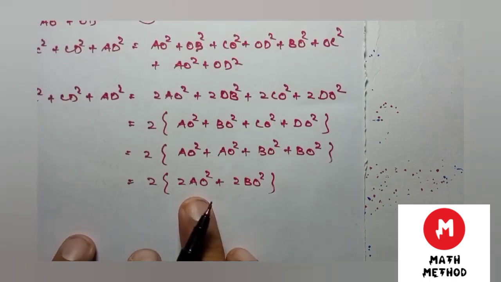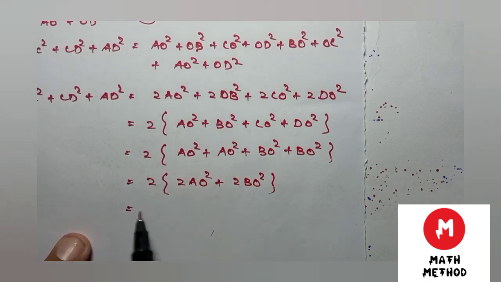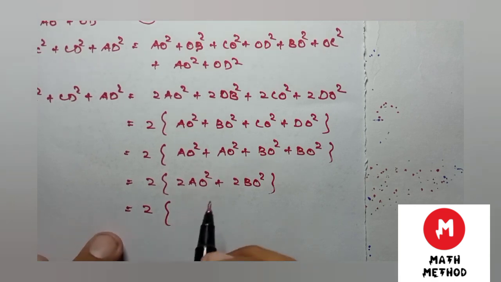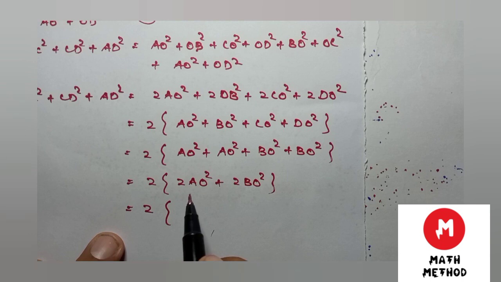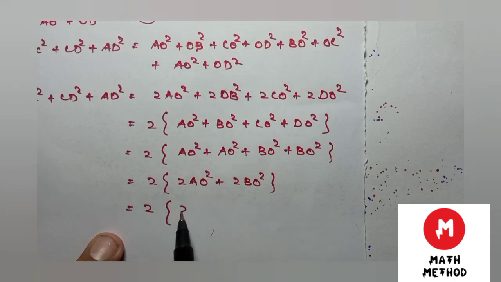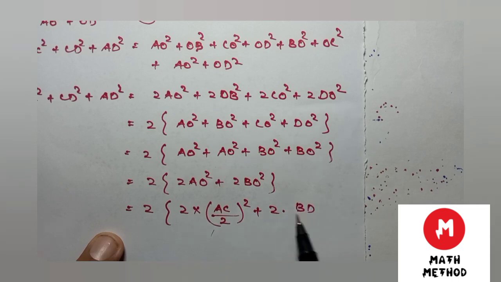As AC and BD bisect each other, I can write AO is equal to half of AC, so 2 into AC by 2 whole square, plus 2 into BD by 2 whole square.